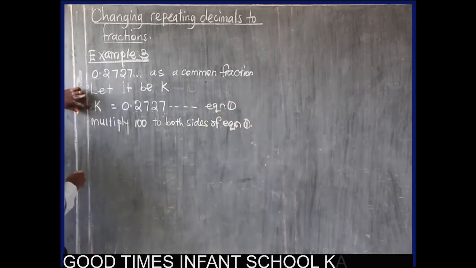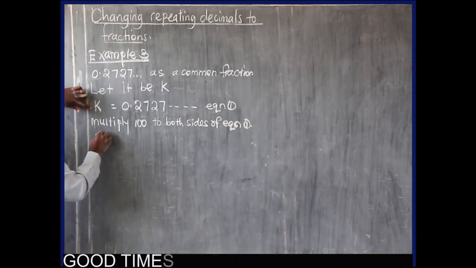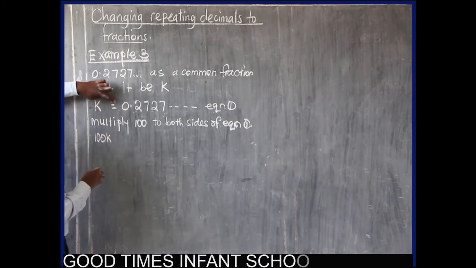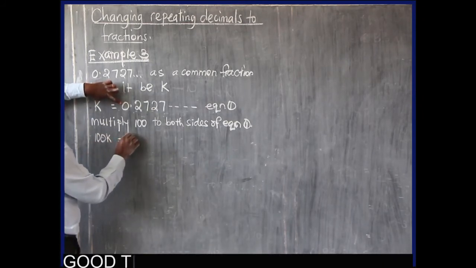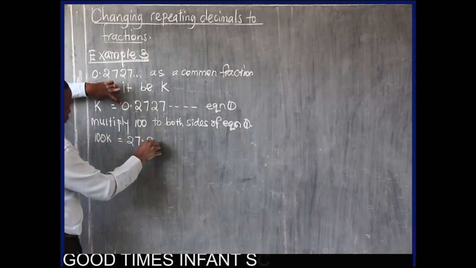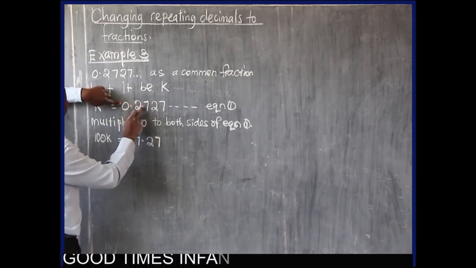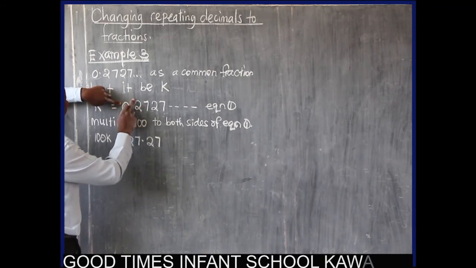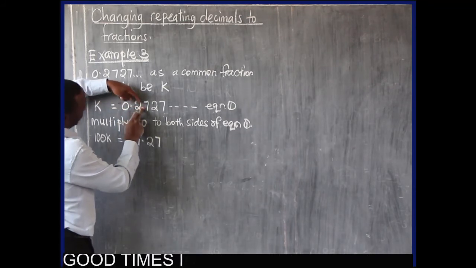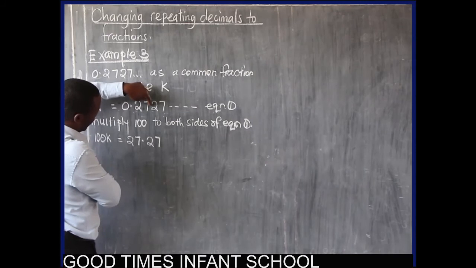So when you multiply 100 here, you will get 100k. When you multiply 100 here, you will get 27.27, because each 10 will move the decimal point by one place.